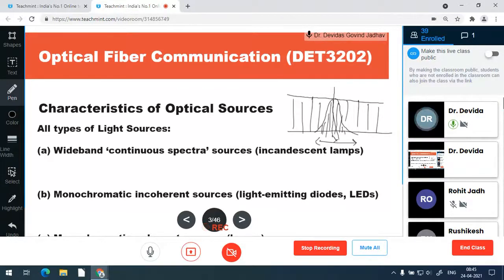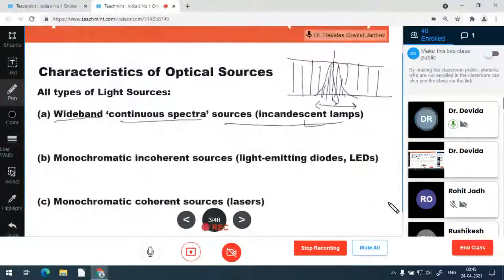This is the statement: wide band continuous spectra sources, incandescent light. Monochromatic coherent sources are light emitting diodes, LEDs. Monochromatic incoherent.